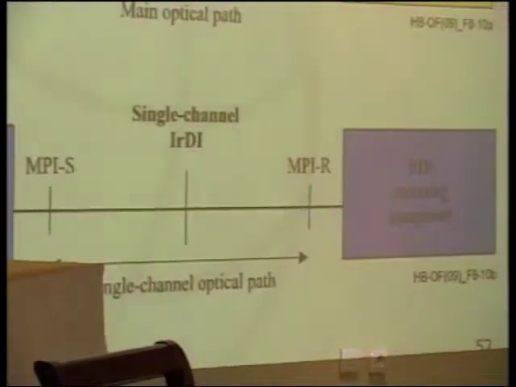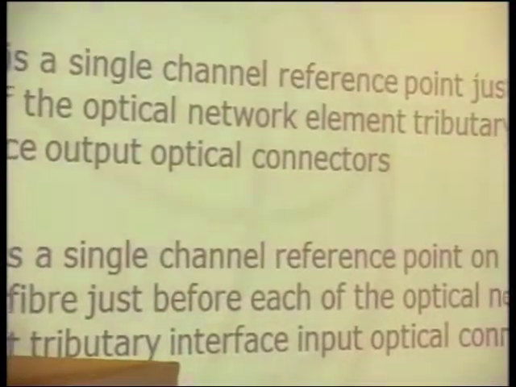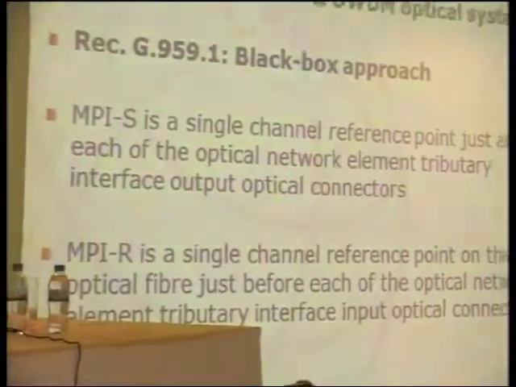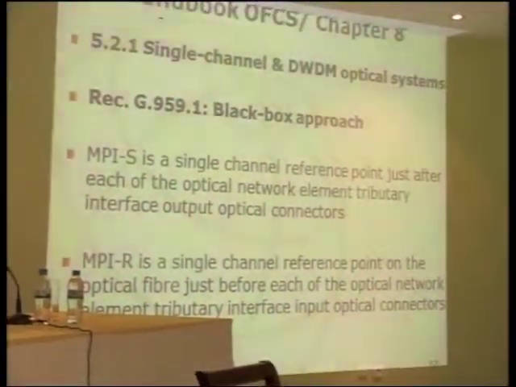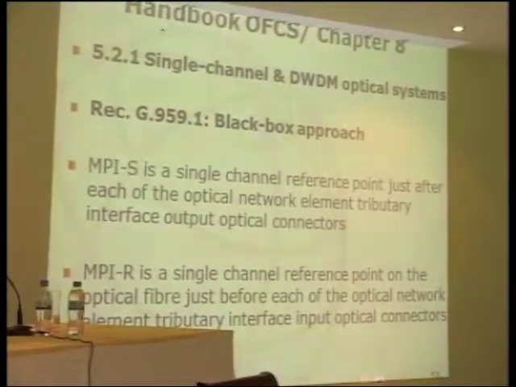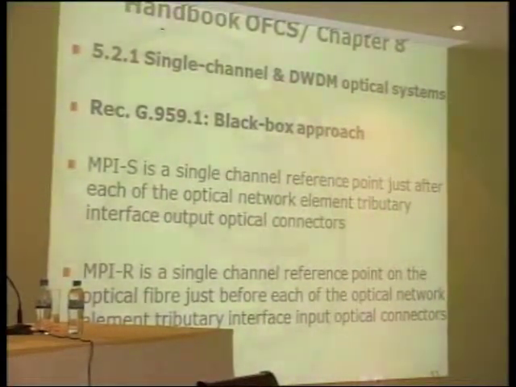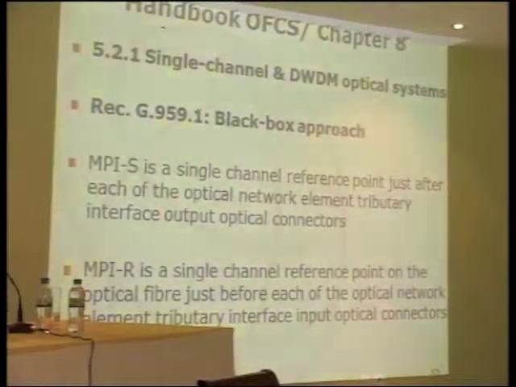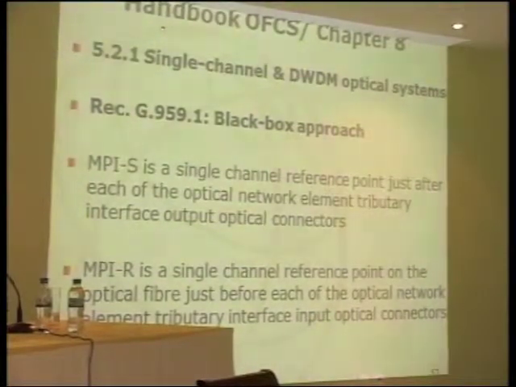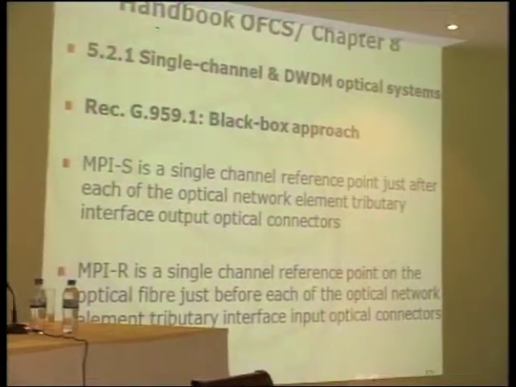The application codes are given for any combination of the parameters or the fibers. The interface points are just after the transmitter in both cases.